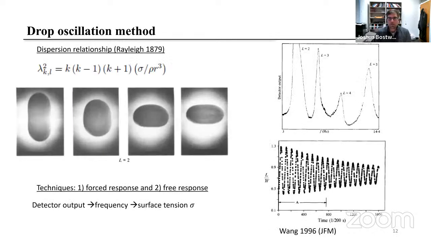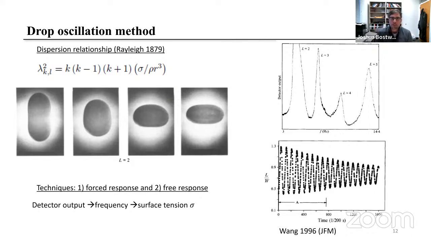Let me remind you, for those who don't know, of typical Rayleigh drop oscillations. Shown here on the left are the oscillations of an inviscid liquid drop, undergoing an L equals 2 mode shape oscillation.